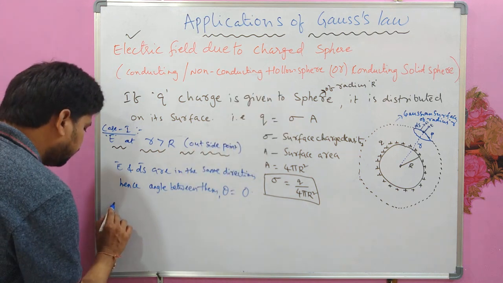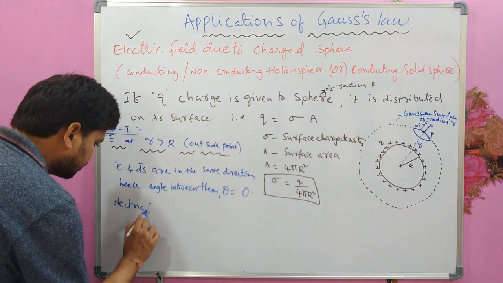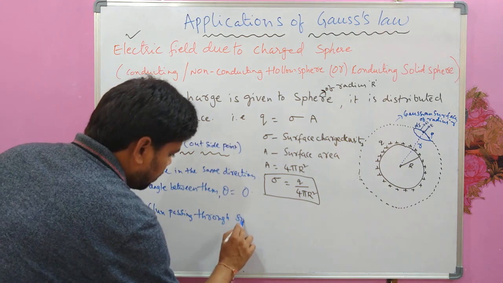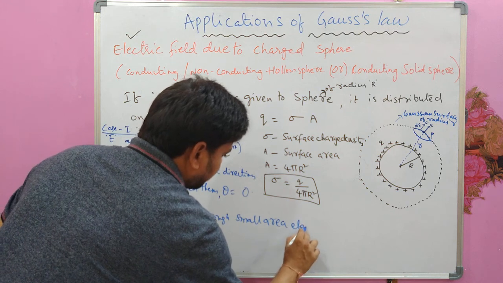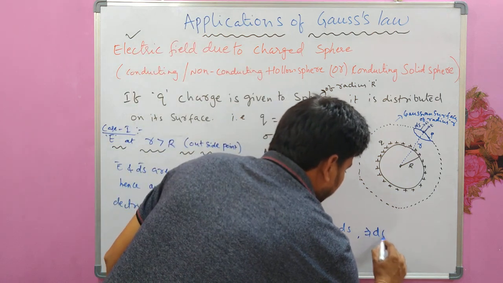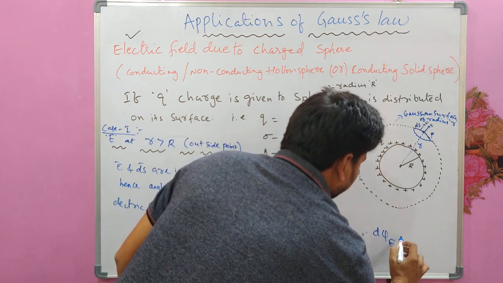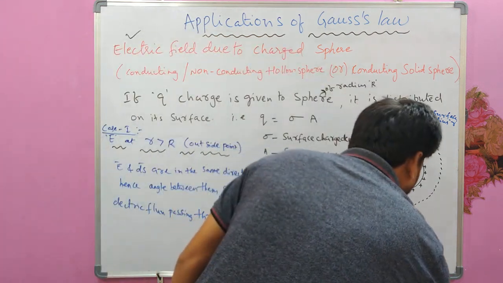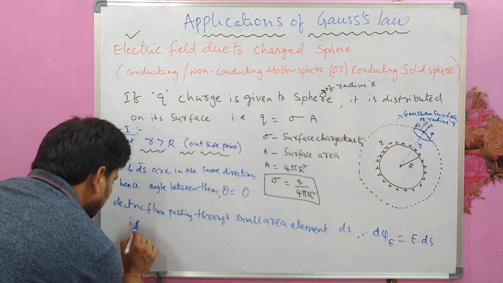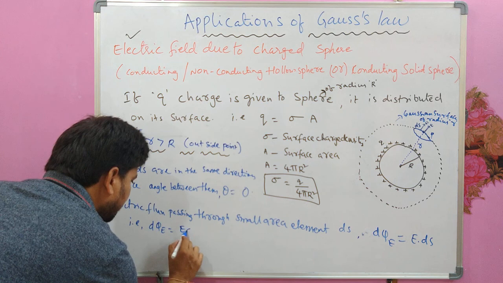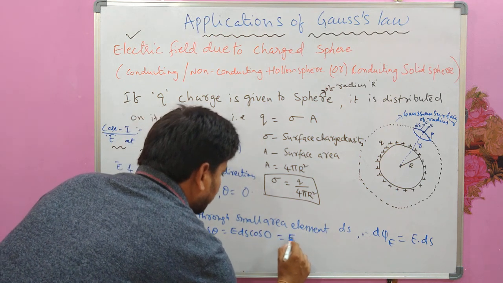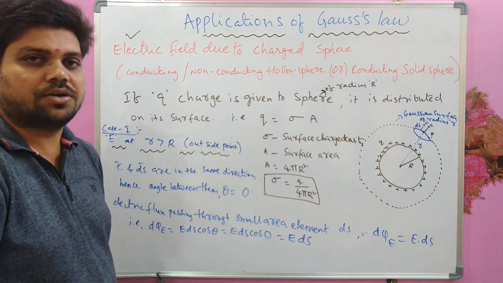Now, what is the electric flux passing through the small area element dS? dΦE equals E dot dS, which is dΦE equals E dS cos theta, E dS cos 0, which is equal to E dS.